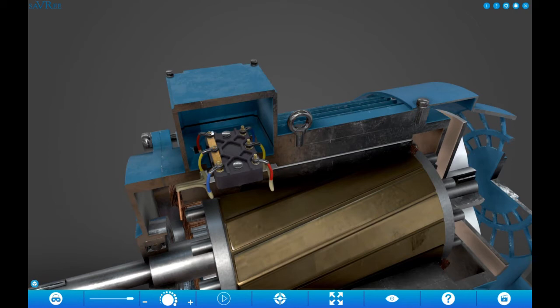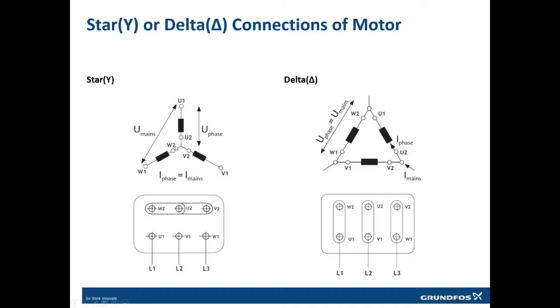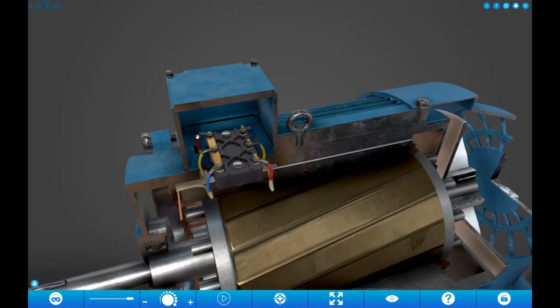And if you see here, there are actually 6 connections: 1, 2, 3, 4, 5, 6. Why do we have 6 connections? Because we have 3 windings inside of the motor: winding 1, winding 2, winding 3. Because of the 3 windings of the motor, we have 2 ends of the cable. If you see, red and red, yellow and yellow, blue and blue.